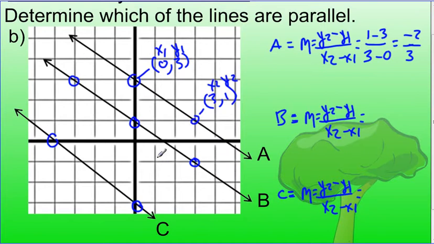Line B. Makes no difference. We use the same couple points if you want. This guy here and this guy here. So this guy's at (0, 1).